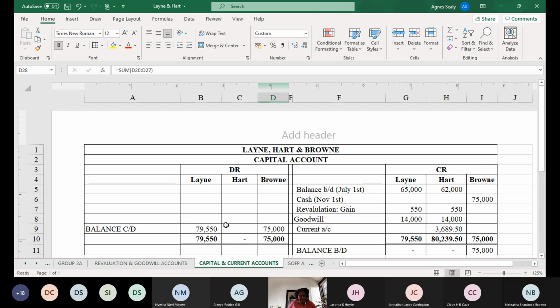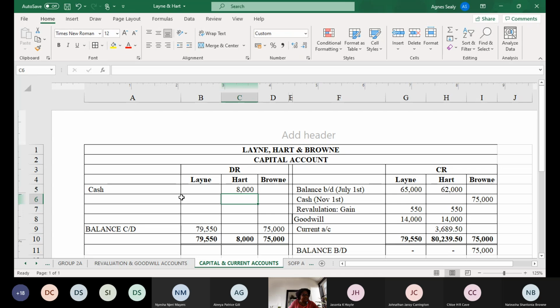But the question said that note number 7 said that Hart is to be paid $8,000 cash. So you debit capital for Hart $8,000, because the cash account is credited for that $8,000 to pay her.